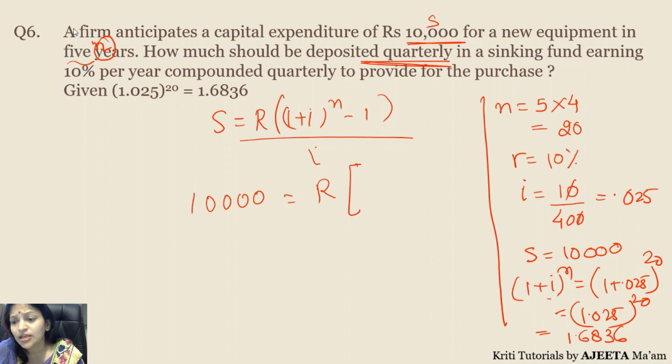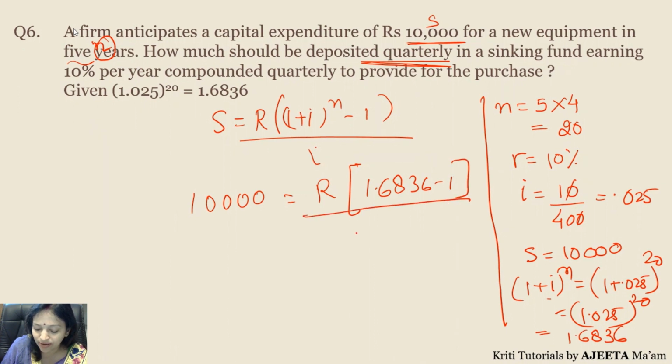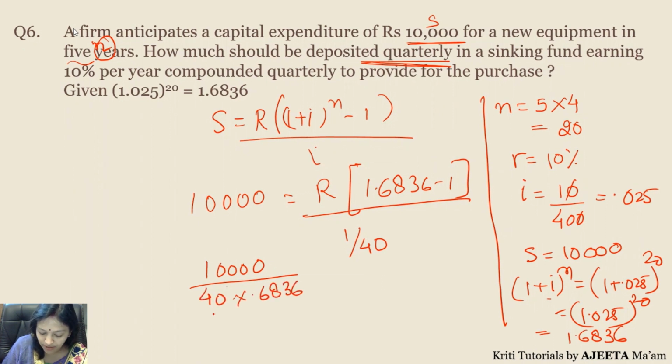So this is a very easy question. Now what we have is 1.6836 minus 1, and I is 1 upon 40, or 10 upon 400. Now let's do it. So 10,000 upon 40 into 0.6836. Let's cut this, and put 4 zeros for this.